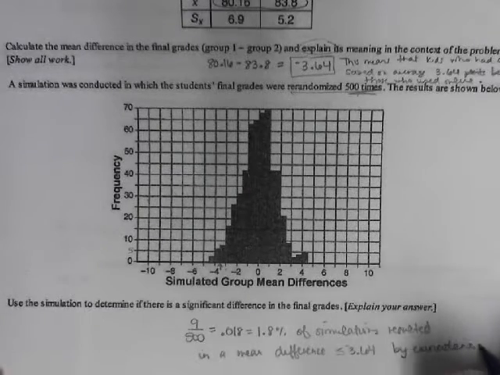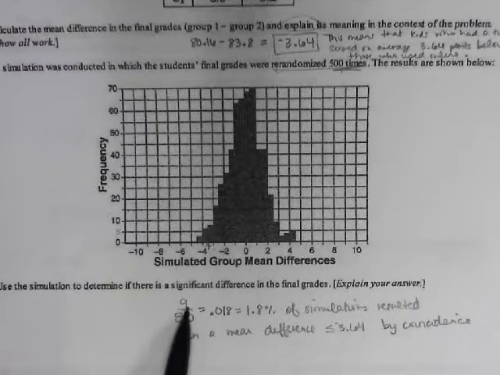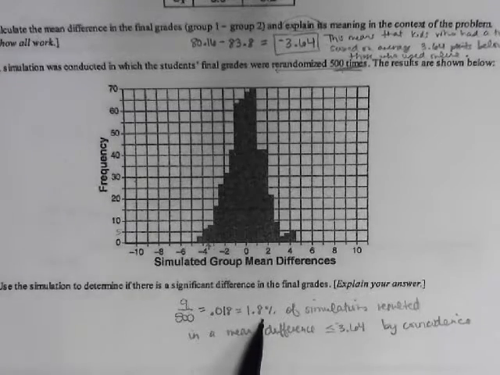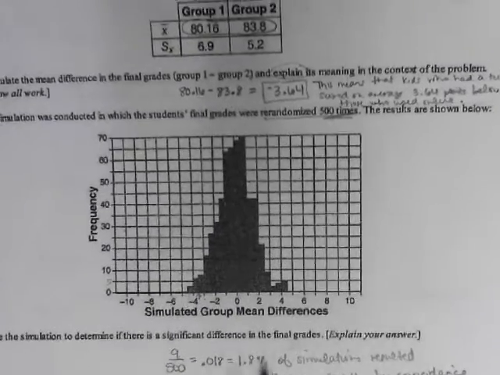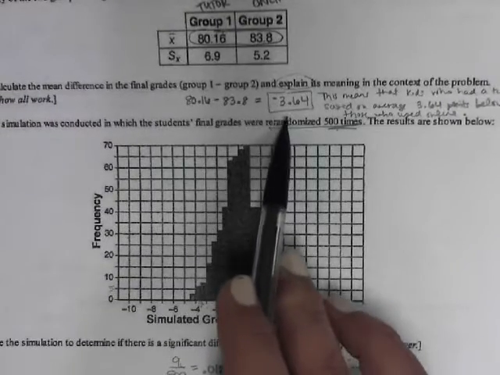So we can be 100% certain that these 9 simulations occurred where they did due to coincidence. That is not a very high percentage chance. So that's the percentage chance that we would go with, that this was a mere coincidence.